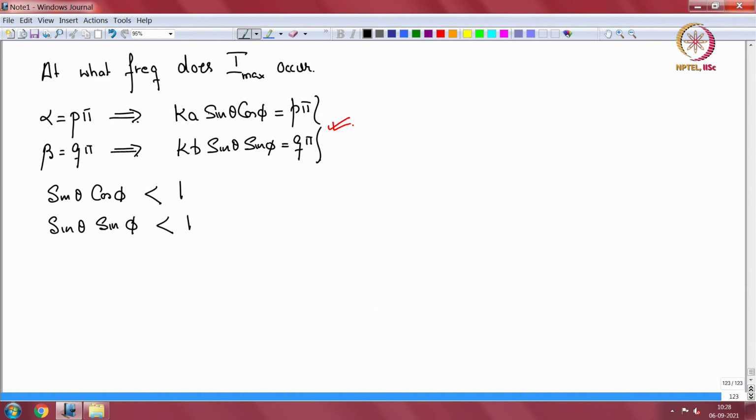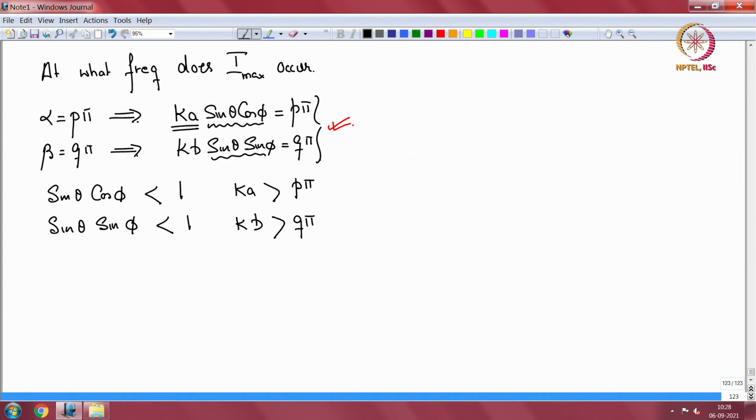It means that Ka multiplied by something that is less than 1 is equal to p pi, which means Ka is greater than p pi. Similarly, Kb into something that is usually less than 1 is equal to q pi, which means Kb is greater than q pi.